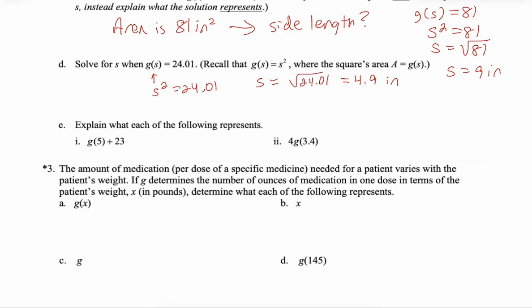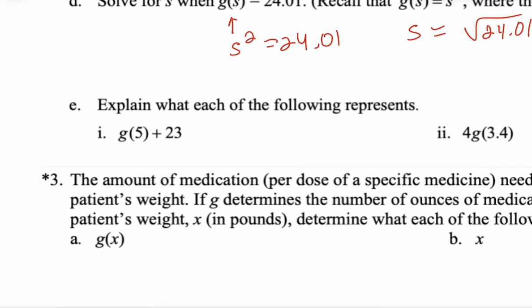Now, E says to explain which of the following represents g of 5 plus 23, and then 4 times g of 3.4. So let's talk about just the meaning. We're not going to calculate it. They didn't ask us to calculate it. So this would be the area if our side is 5 plus 23.